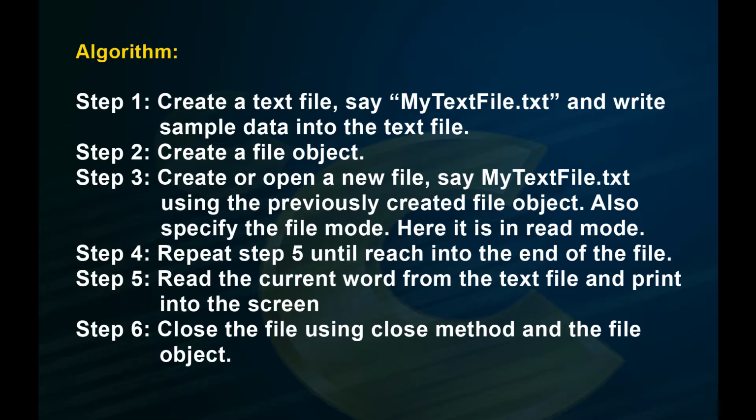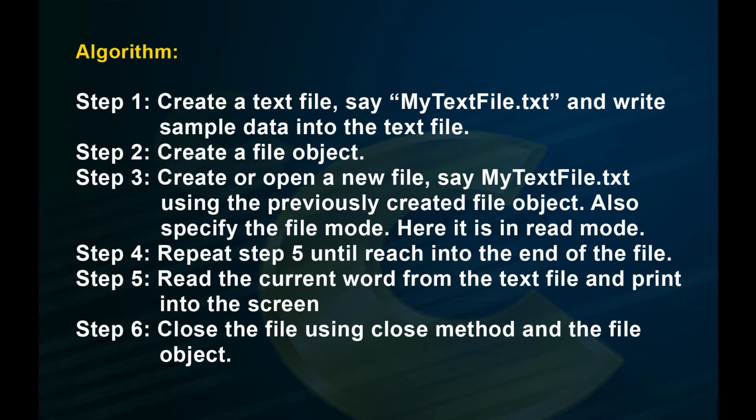The major steps we follow are explained by the algorithm. Step 1, create a text file, say mytextfile.txt, and write sample data into the text file. Step 2, create a file object.